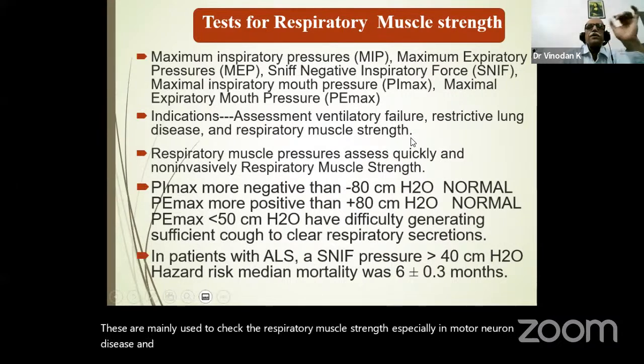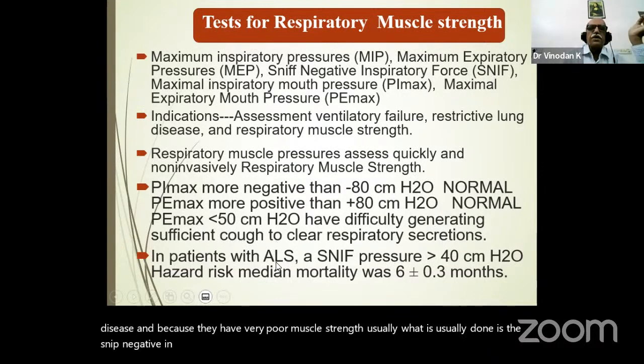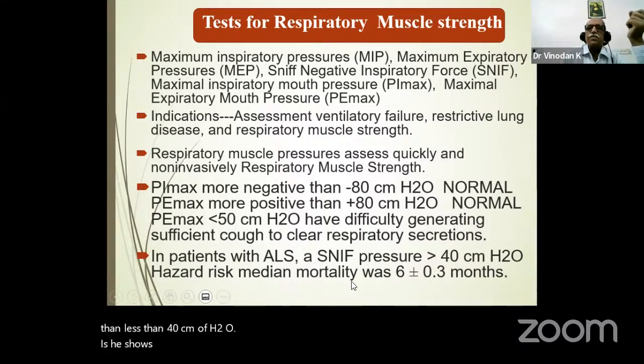Because these patients have very poor muscle strength, what is usually done is the sniff negative inspiratory force. In patients with motor neuron disease, a sniff pressure of less than 40 centimeters of H2O shows that there is a hazard risk of median mortality of 6 months.